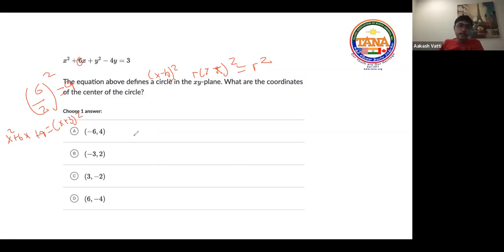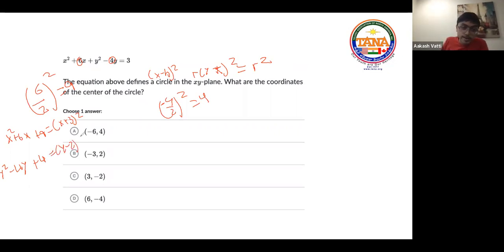For y, you take 1/2 of this and square it. So negative 4/2 squared is equivalent to 4. So you have y squared minus 4y plus 4, which is the same thing as (y minus 2) squared.